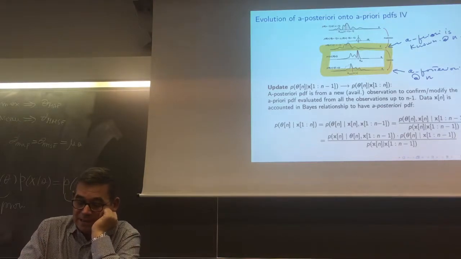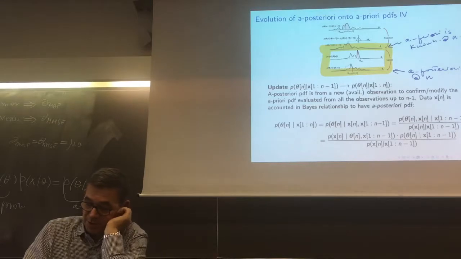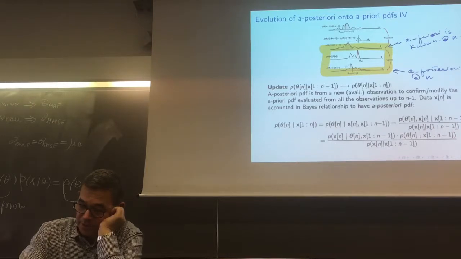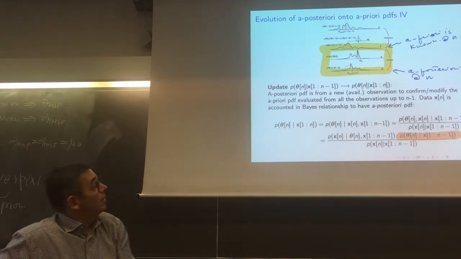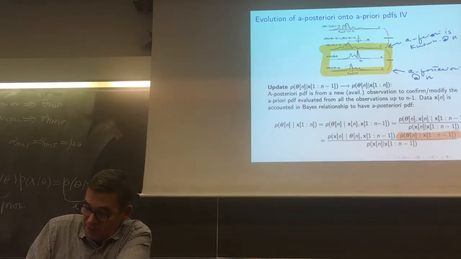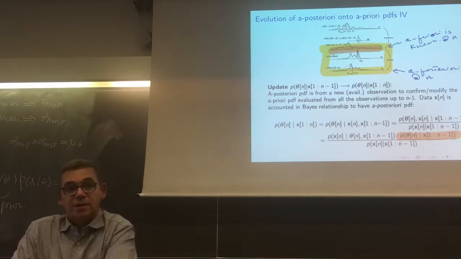So by Bayes, this is, where is it? Here, that's the normalization. But apart from the normalization, this is what I calculated. Let me highlight with colors. Let me see if I'm not messing up. Okay, yes, you see, this one is the one that I calculate here.